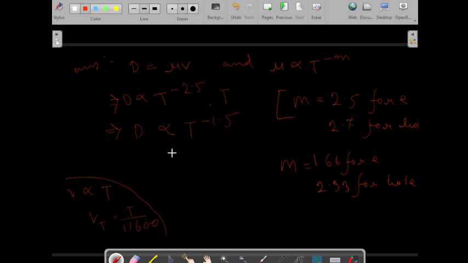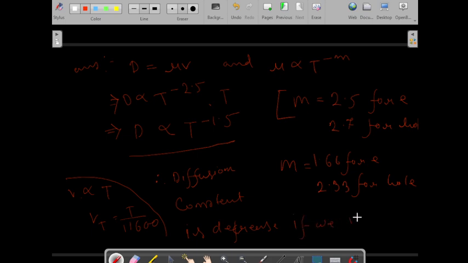So the value is decreasing. So the diffusion constant decreases as T increases.